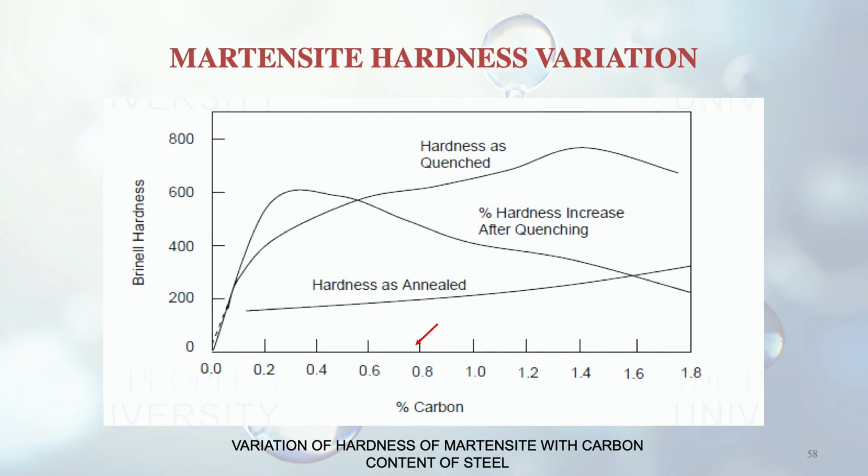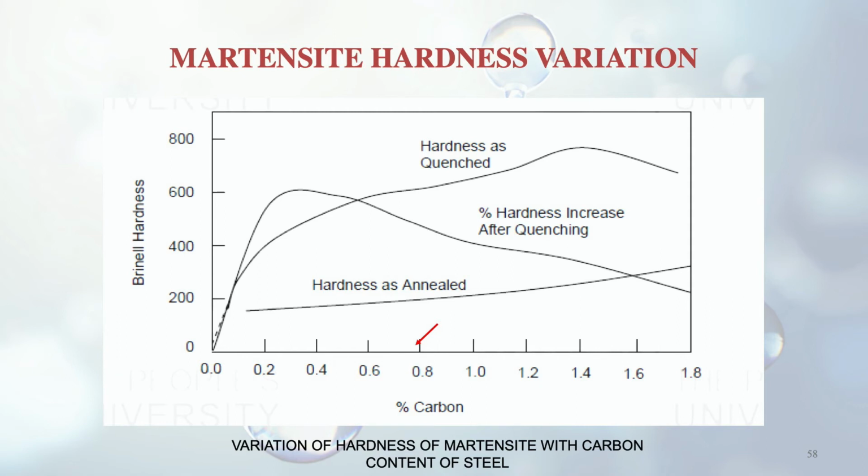We can see from this figure how the hardness varies with carbon content. One curve shows the hardness as quenched, and the other shows the hardness as annealed. Carbon percentage is on the x-axis and the Brinell hardness is on the y-axis.